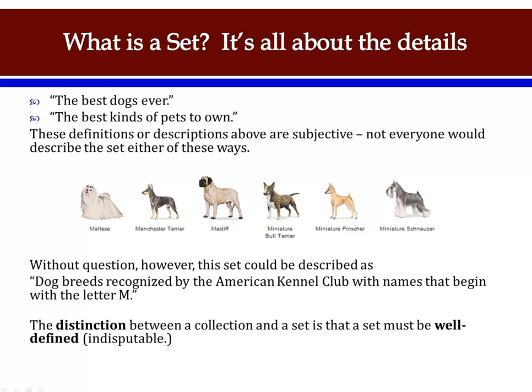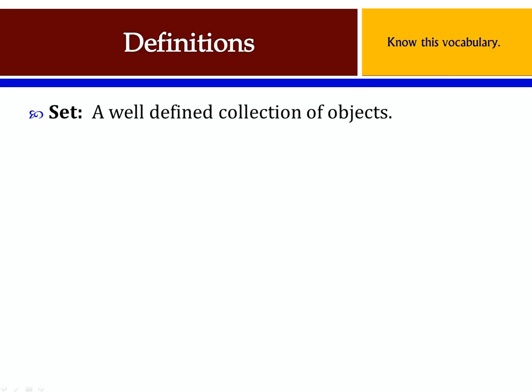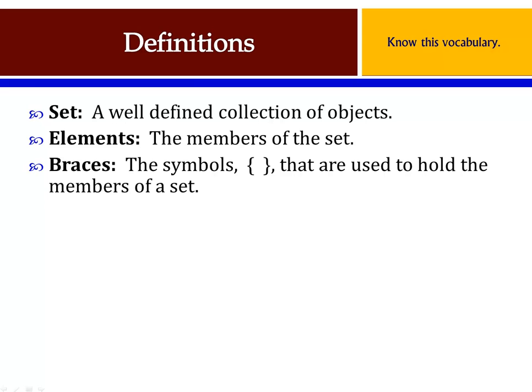So there are a few definitions regarding sets that you need to know. The first one being that a set is a well-defined collection of objects, and that the elements are the members of the set. Braces are these symbols that are used to hold the members of a set.